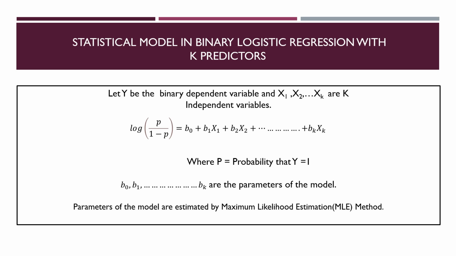That is, what is the likelihood that y takes value 1? b0, b1, ..., bk are called the parameters of the model, and these parameters are estimated using the maximum likelihood estimation method, or the method of MLE.